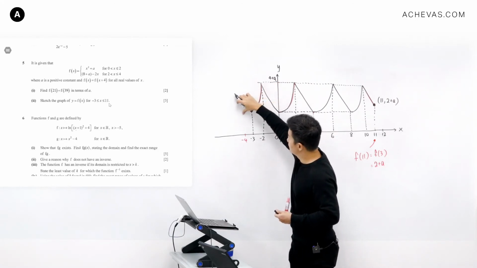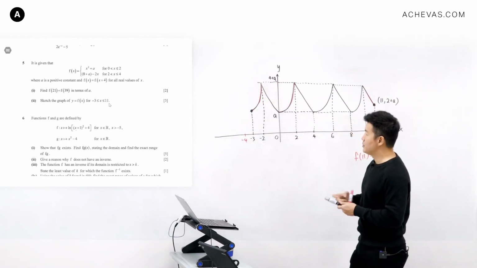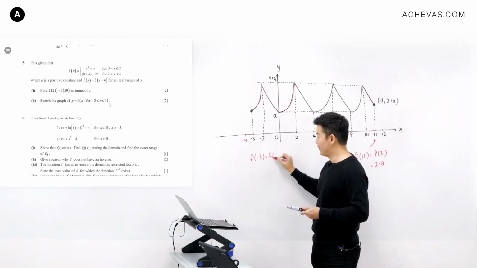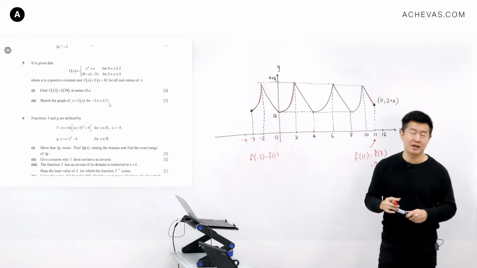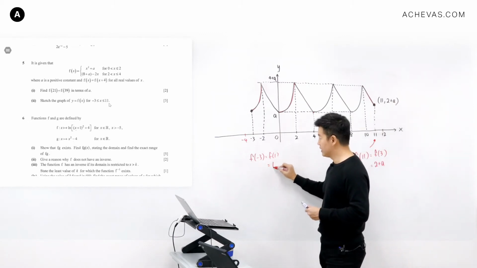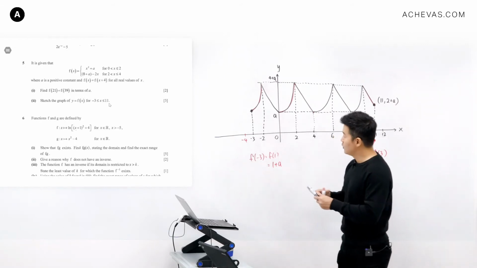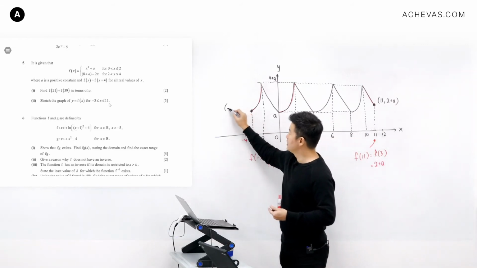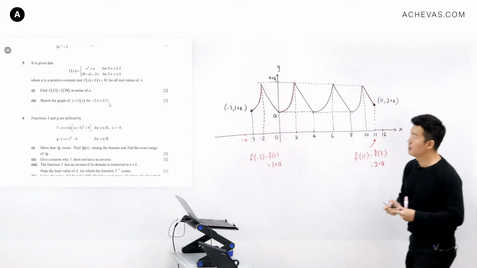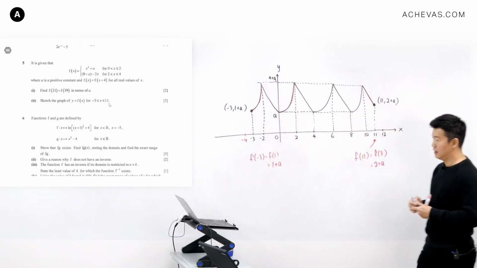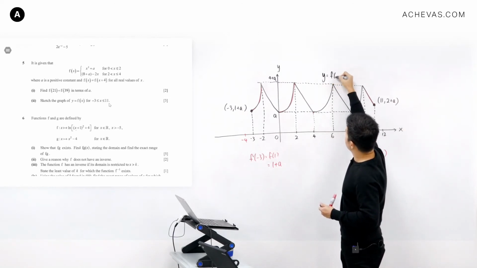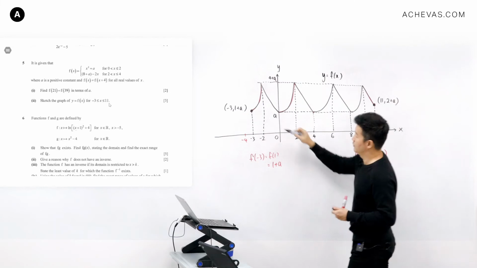It has to be this. Which means that I will also need to know what is F minus 3, which is F1. Because minus 3 plus 4 gives me 1, F1. And F1 is 1 plus A, which means that this point here is minus 3, 1 plus A. And this will be my graph of y is equal to f(x).